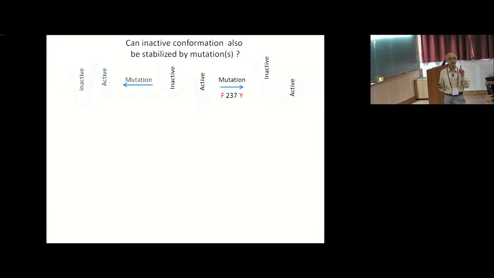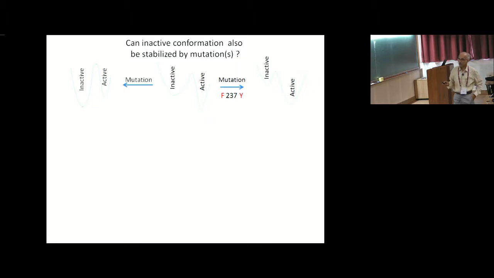The reason for that is if I mutate this protein to give me this sort of a conformational fractionation, I'm increasing the inactive protein by mutation. But when you inactivate a protein, people will say it's an inactive protein. Where is the conformational shift mechanism? That's the question, right? So what we did was, we mutated this into this.